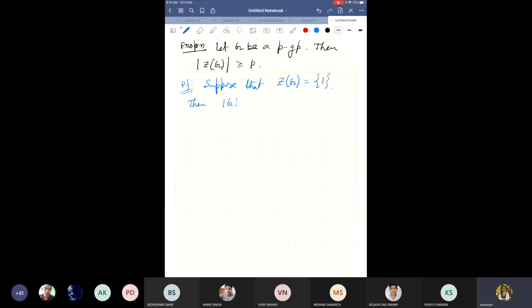The order of G is equal to the cardinality of the center plus the summation over the conjugacy classes. Now, this is the order of G, this is 1, plus this summation.